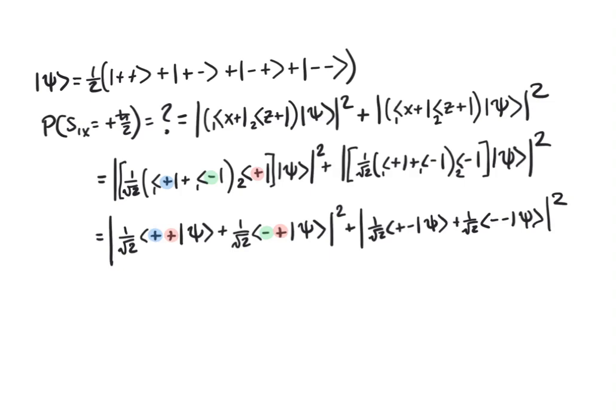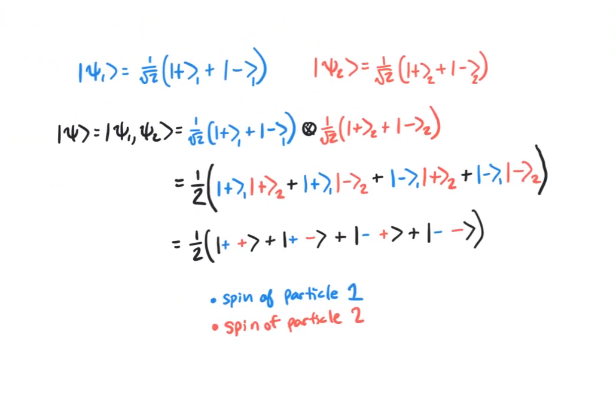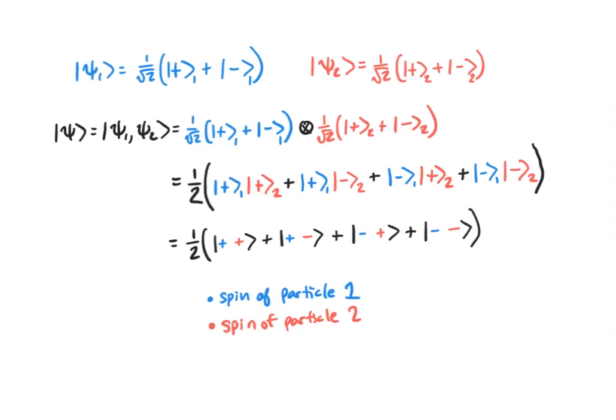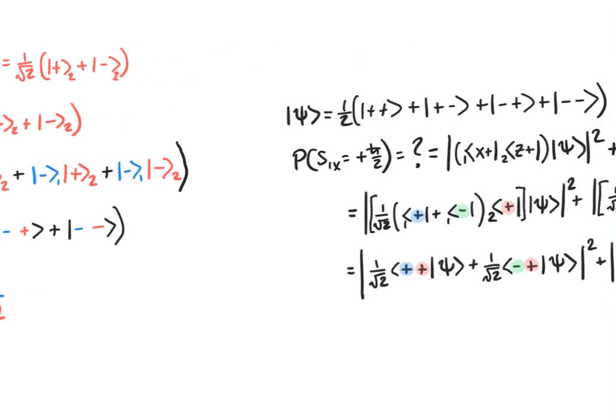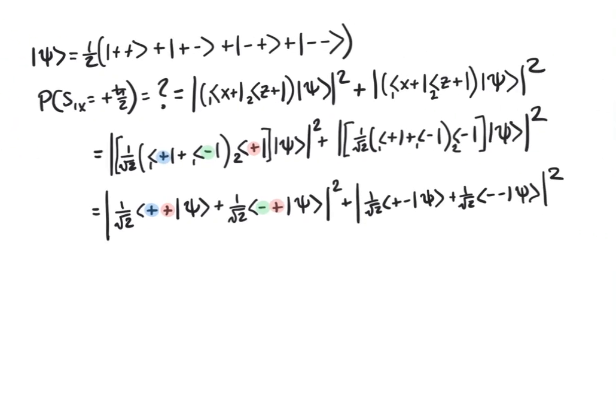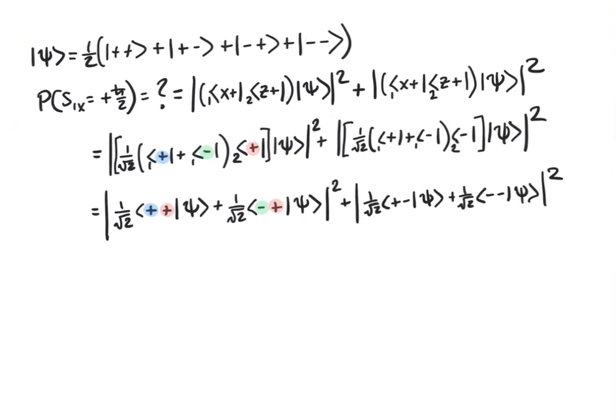Now, this is a particularly simple combination of two states, right? If the amplitudes in these two original particle states were a little bit messier, it's even more annoying than that. So there's a little bit of an advantage there: if I care about the probability of the combination of specific outcomes of the two particles, it's really easy to read the result right off of here.